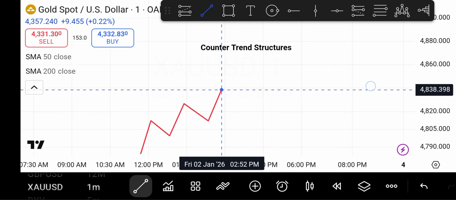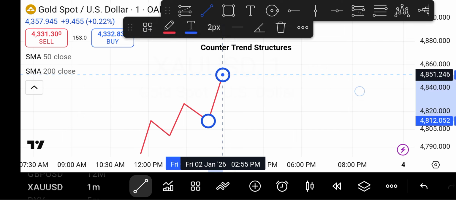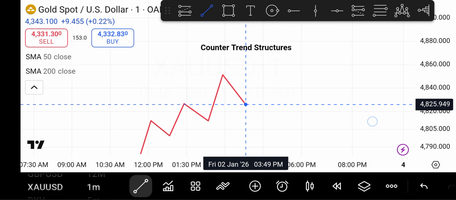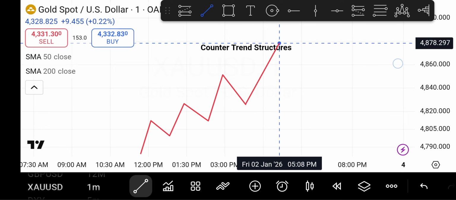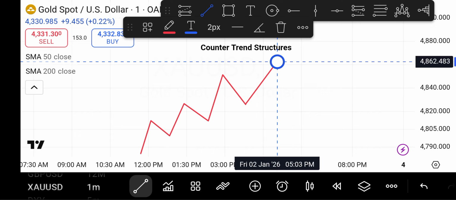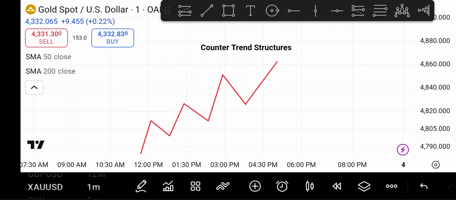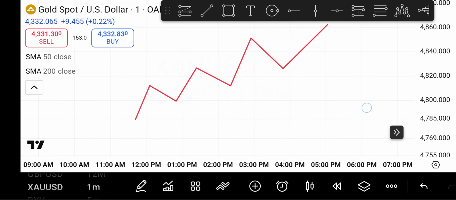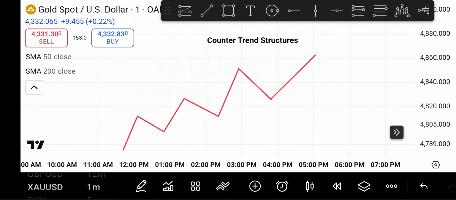In an uptrend, as we all know, the price doesn't normally move straight forward. So I expect the price to move this way.